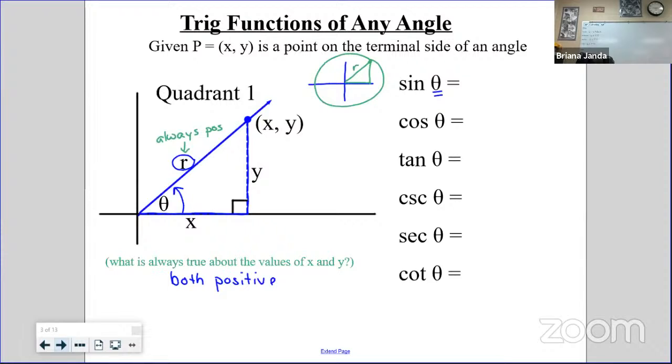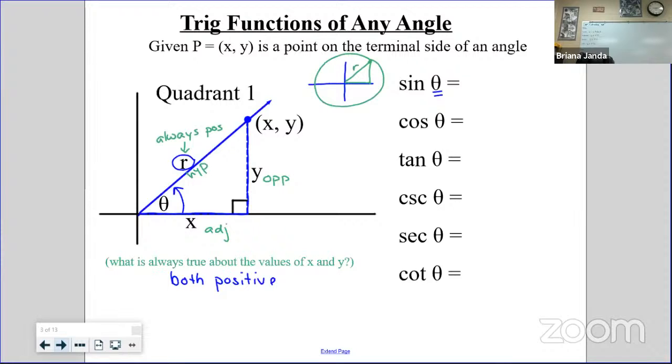Okay. So if I then draw that right triangle by tracing my way to my point x comma y and connect back to my origin, and we get this picture of a right triangle, look at what we could say about the trig functions based on those letters. From theta, this would be my opposite side, my adjacent side, and my hypotenuse.